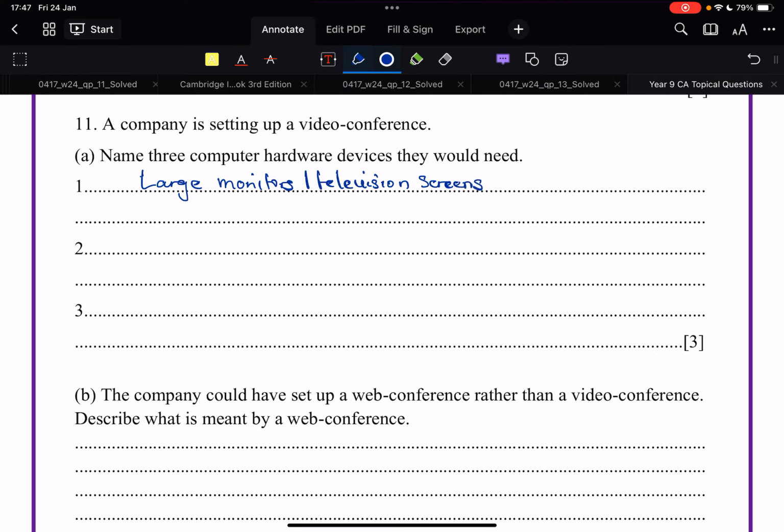You have your microphone, you have your speakers, and here you could have your webcam.